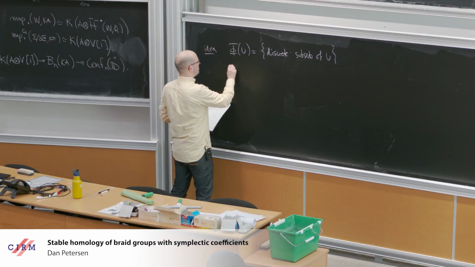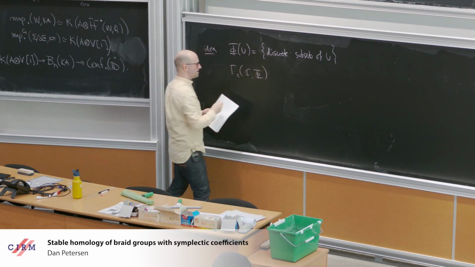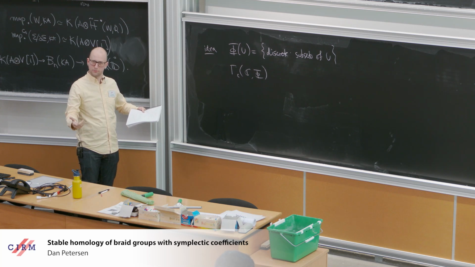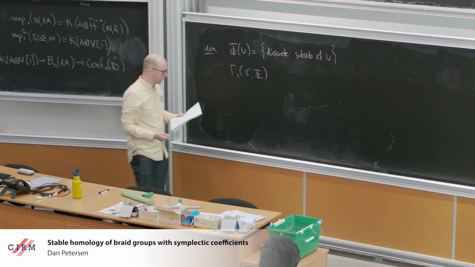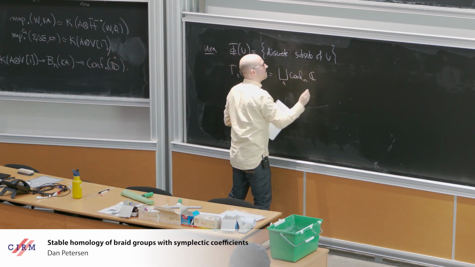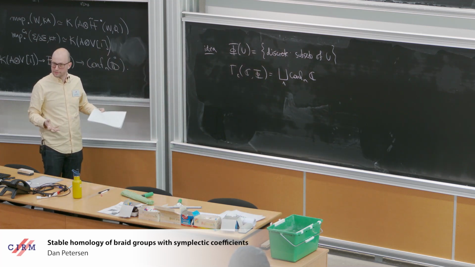And you can think about what are compactly supported sections of this sheaf, where I mean that outside of a compact set, I take the value which is the base point, which is the empty subset. And I just get the disjoint union of all configuration spaces of points.